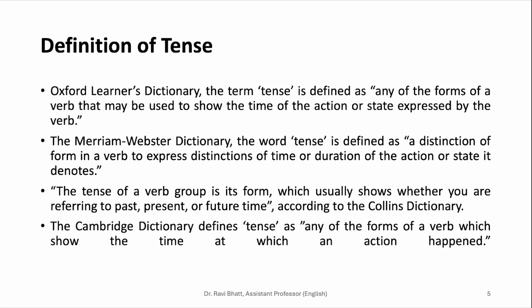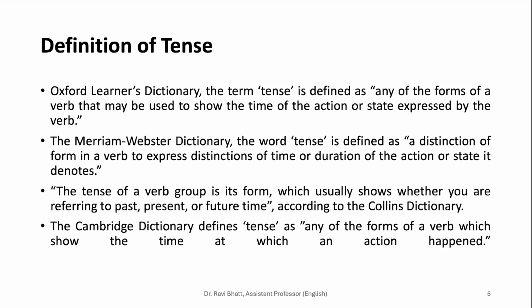Let's look at some of the definitions of tenses. Now, Oxford Learner's Dictionary defines tense as any of the forms of a verb that may be used to show the time of the action or state expressed by the verb. Whereas Merriam-Webster defines it as a distinction of form in a verb to express distinctions of time or duration of the action or state it denotes.